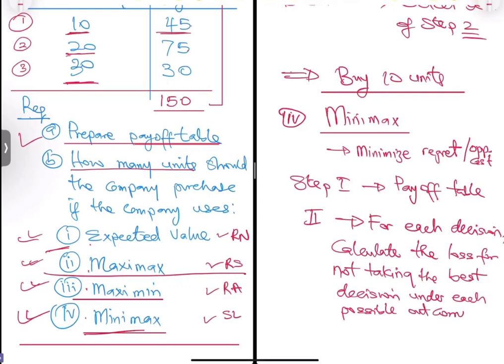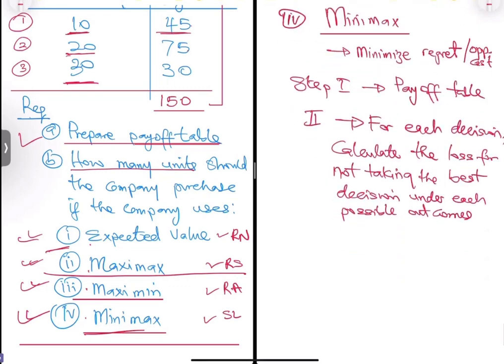Remember, there are 3 outcomes. So for each decision, we'll be asking ourselves, what are we losing for not taking the best? Which means we need to create an opportunity cost table.